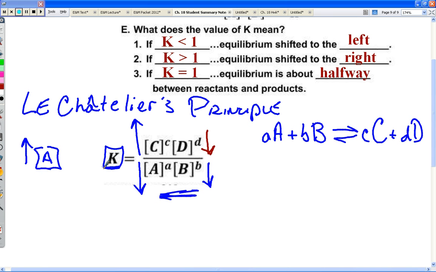So no matter what happens, this K is always going to stay the same, and it's going to be arranged with these four concentrations. So when we start doing the Le Chatelier's problems, start doing homework, refer to this and keep this in mind in the relationships. And that's it.